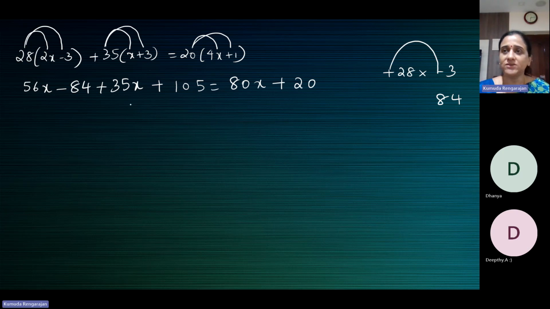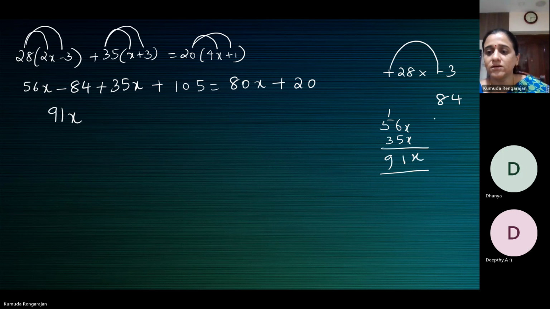Now simplify the like terms on the left hand side. 56x plus 35x. So x will come down as it is. 6 plus 5, 11, 1 carried over, 9. 91x. 91x minus 84 plus 105.